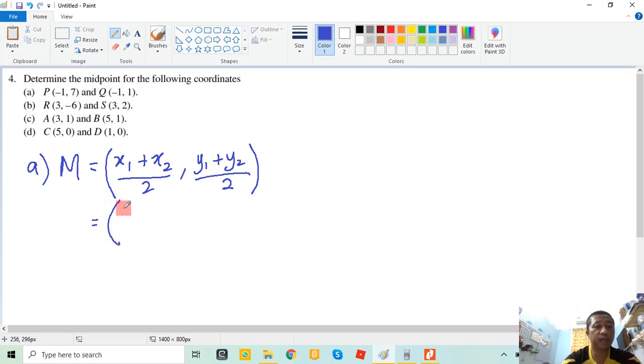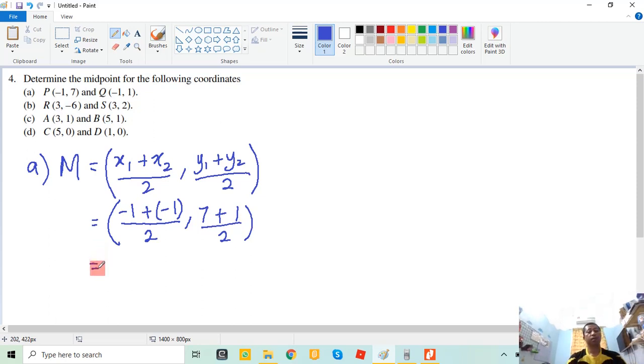x1 is -1 plus x2 also -1. For negative numbers, we put brackets and then divide 2. Okay, and then for y, y1 is 7 plus y2 is 1. Divide 2.